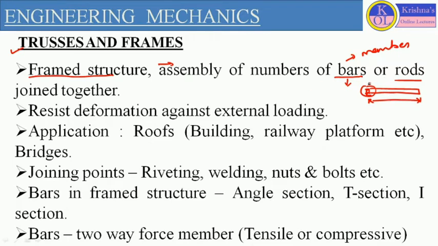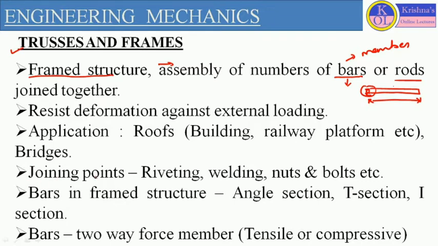Here the members we consider are long members having a very small cross-sectional area compared to length. We use bars or rods in assembly to form the structure that is called a frame structure, and these bars and rods are joined end to end.